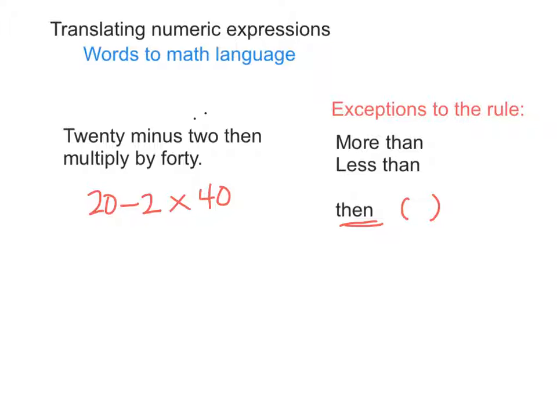But if we don't put our parentheses in, we won't know to do 20 minus 2 first. So really, we're going to put our parentheses around the operation that we're going to do first, and then you write in what comes after that. 20 minus 2, and then multiply it by 40.